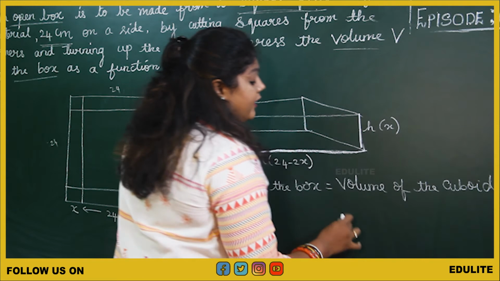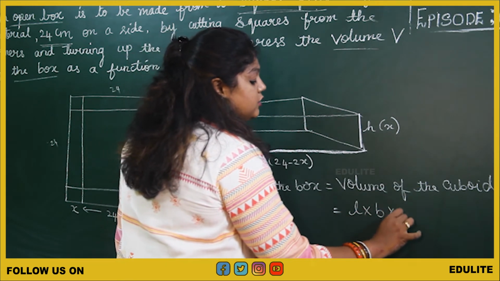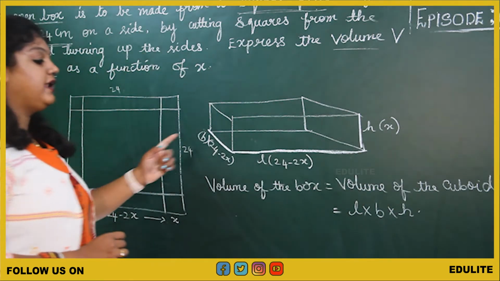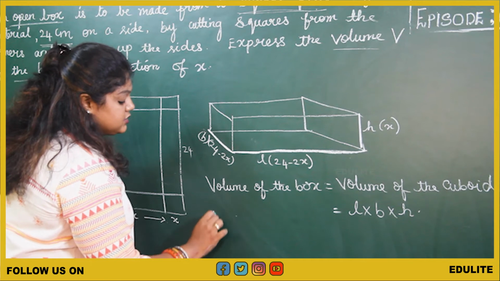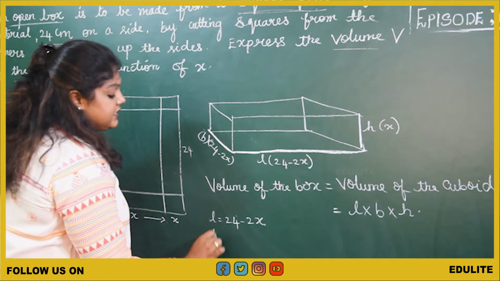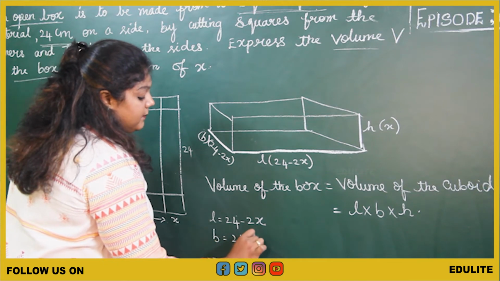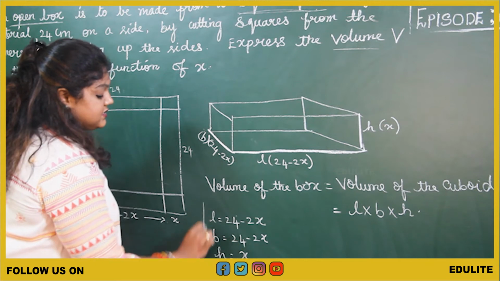What is the volume of the cuboid formula? Length into breadth into height. According to the diagram, we got l equals 24 minus 2x, breadth equals 24 minus 2x, and h equals x.